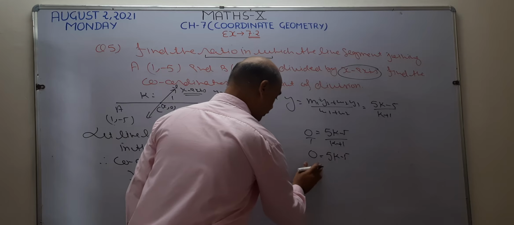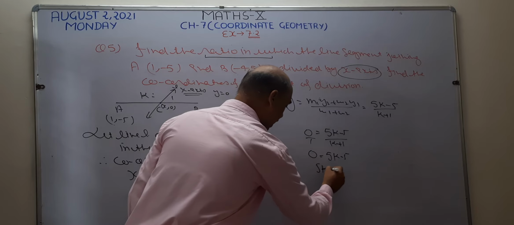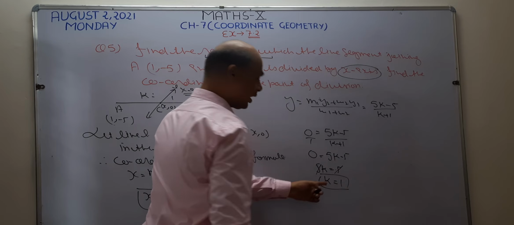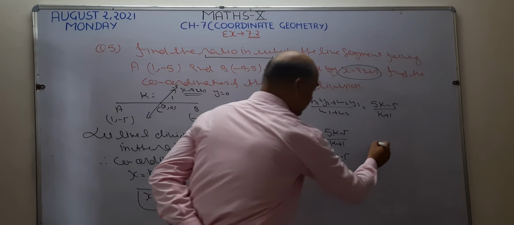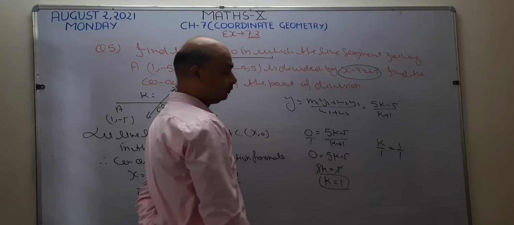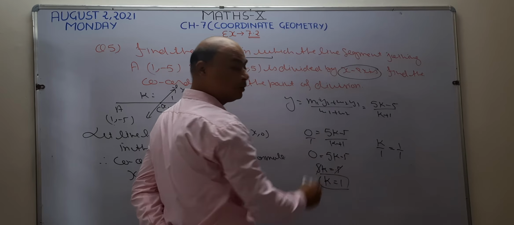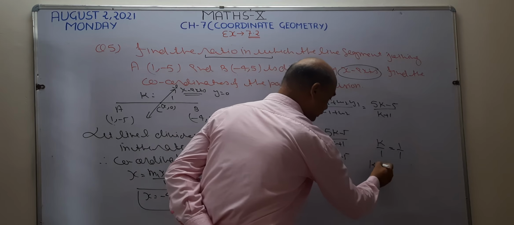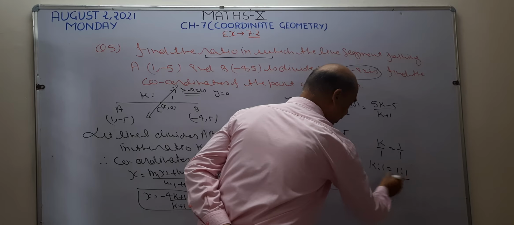So 5k minus 5 equals 0, which gives 5k equal to 5. 5 is cancelled with 5, so k becomes 1. So the value of k becomes 1. Now this can be written as 1 upon 1, equal to 1 by 1. Yes or no? The denominators of both terms are 1, so I write 1 on both denominators.